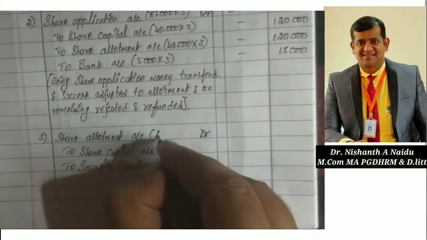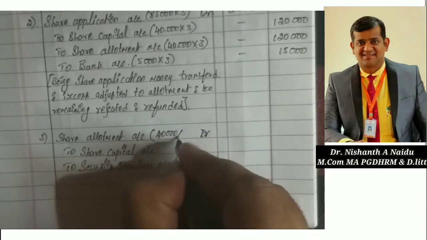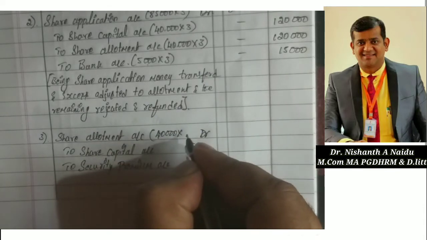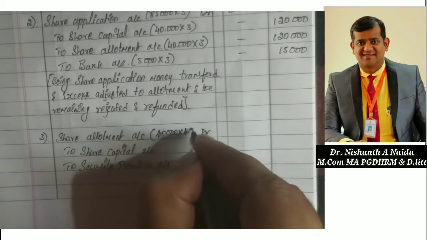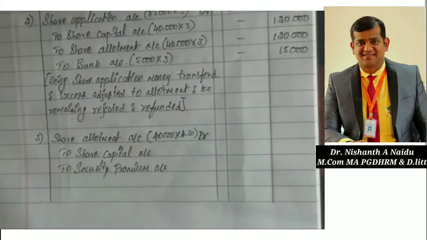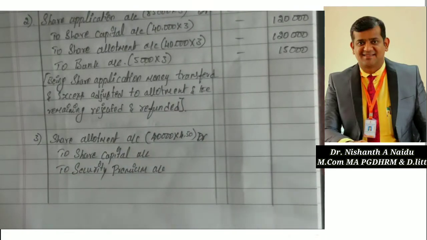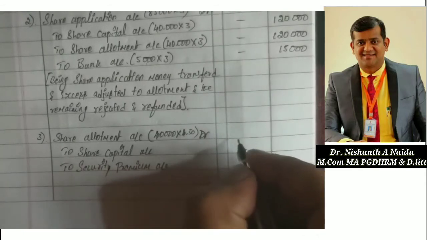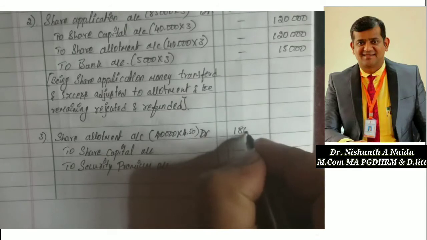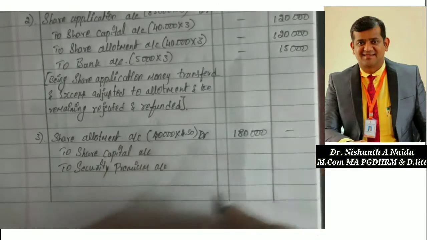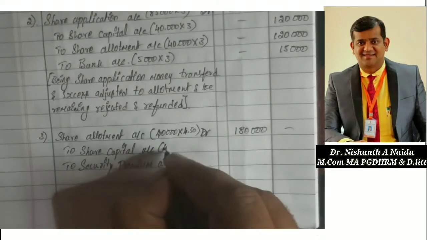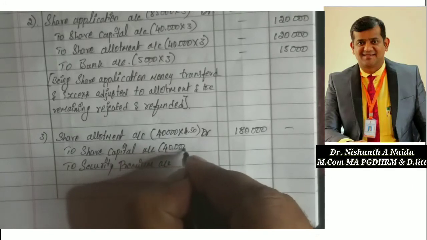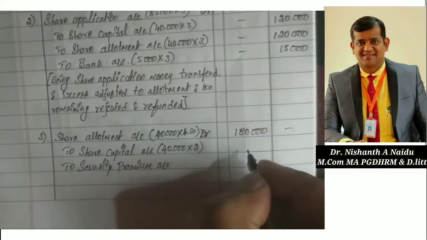So now check out share allotment due. How much? On 40,000 shares. What is the allotment money due? So 4 rupees 50 paise, 4.50. So calculate 40,000 into 4.50. We are supposed to receive 1,80,000. Out of 1,80,000, how much is for capital? 40,000 into 2 is for capital.